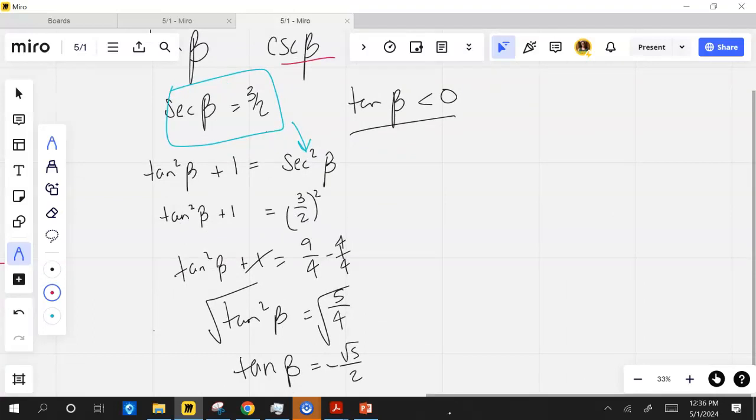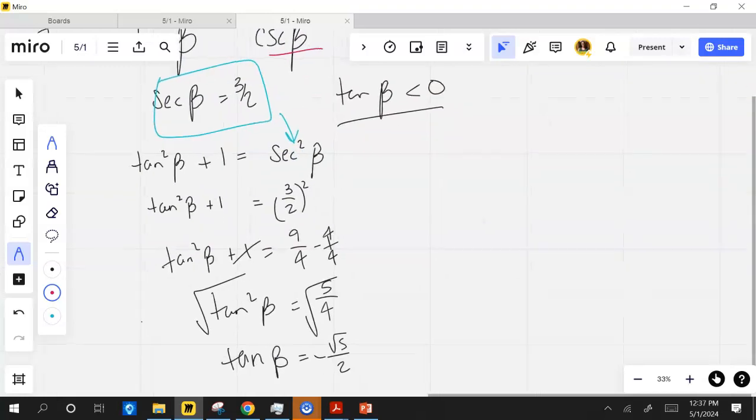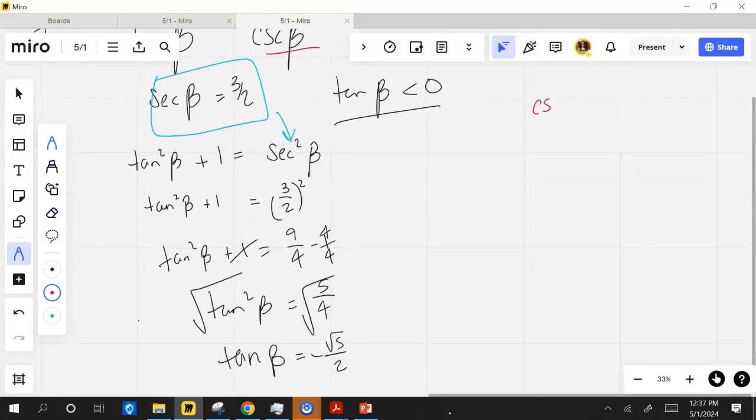So you flip. Well, let's see what we need. Look at the ones that you have and look at what you need. I need cosecant. I have tangent and secant.